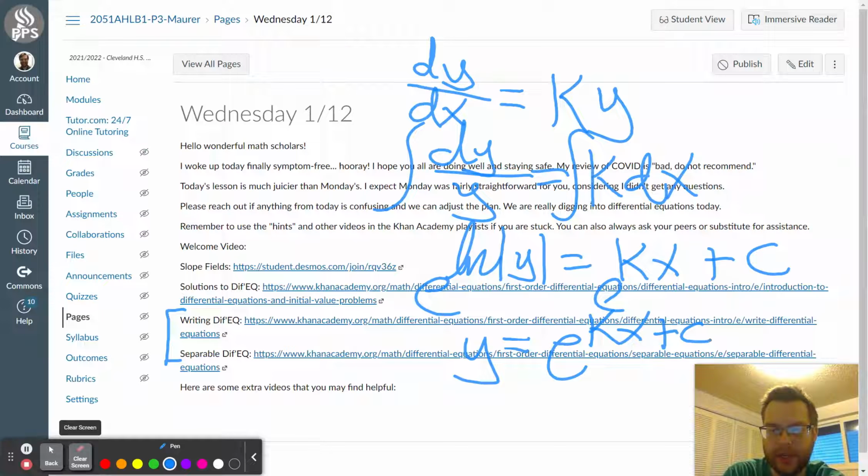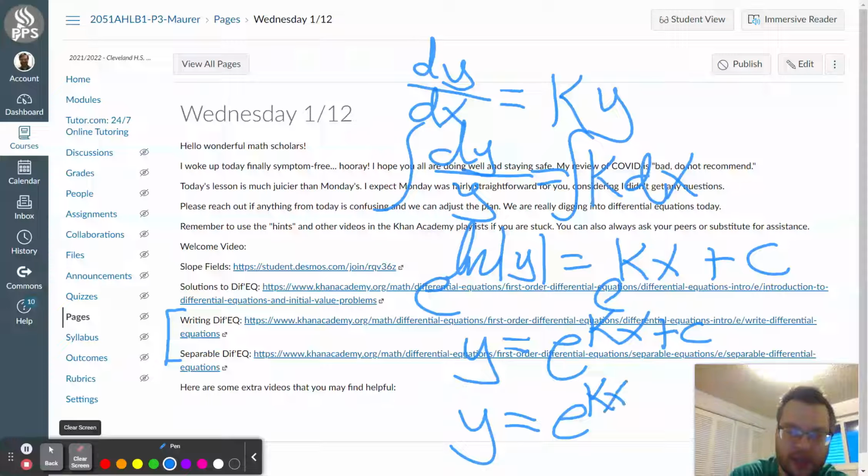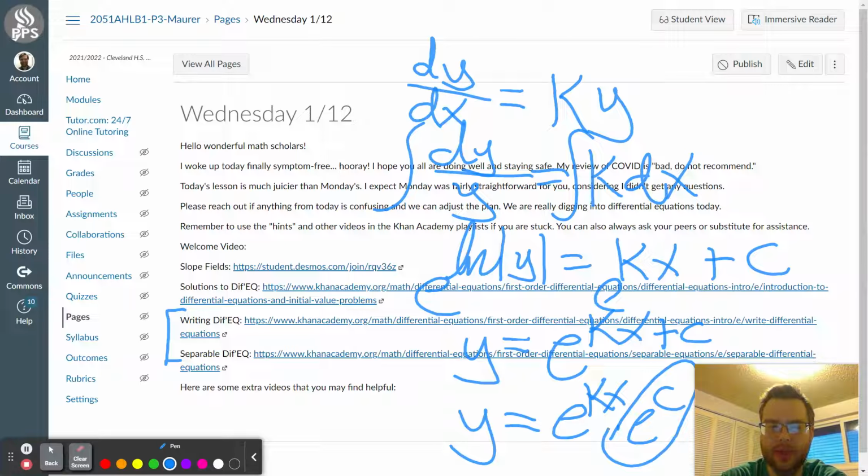There's a little trick here, which is that when you have addition in your exponent, you can call it e to the kx times e to the c. And e to the c is really just a constant. So we often will just rewrite it as a new constant. We will just write it as the letter c itself.